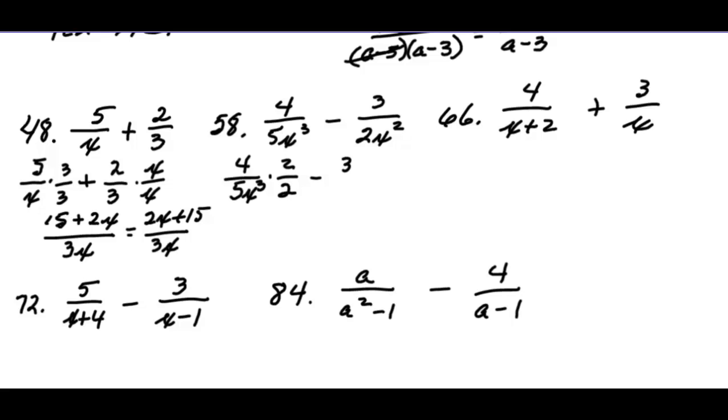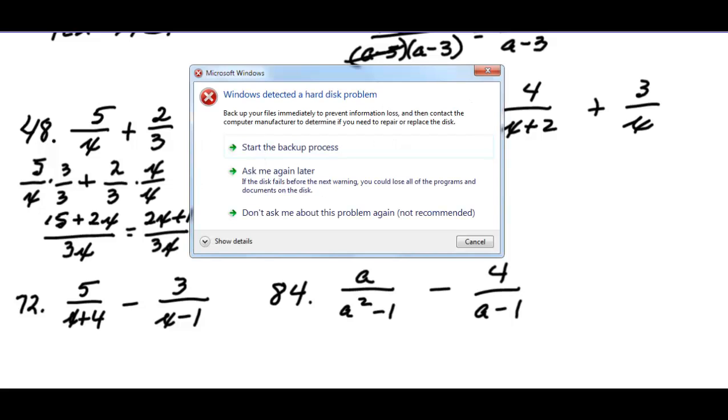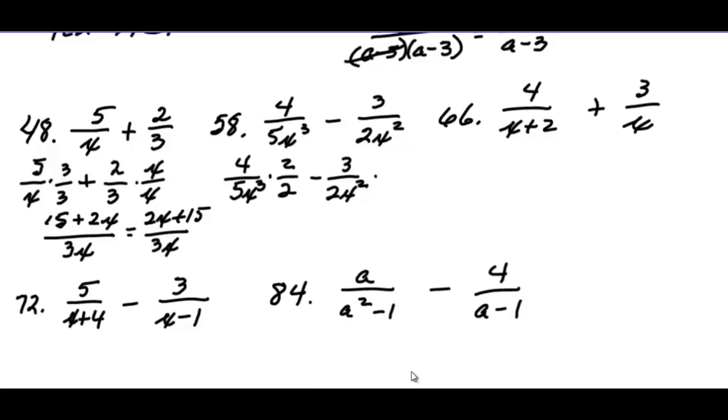So what we need to do here is just multiply by 2 over 2. Then we have minus 3 over 2x squared. And here, to get to 10x cubed, we're going to have to multiply both the numerator and denominator by 5x.